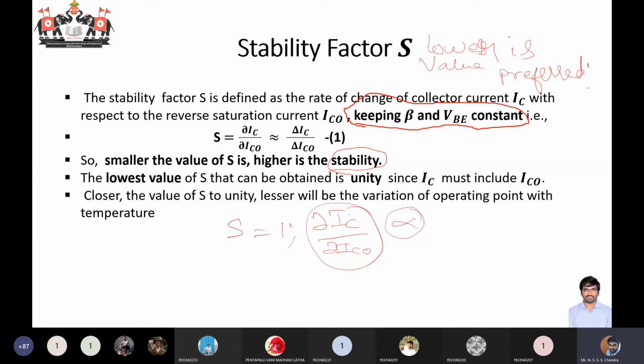If the S value is near 1, it's a very good circuit. If the S value is large, let us say 100, then it's an unstable circuit. So we require a stable circuit, and the S value should be close to 1.